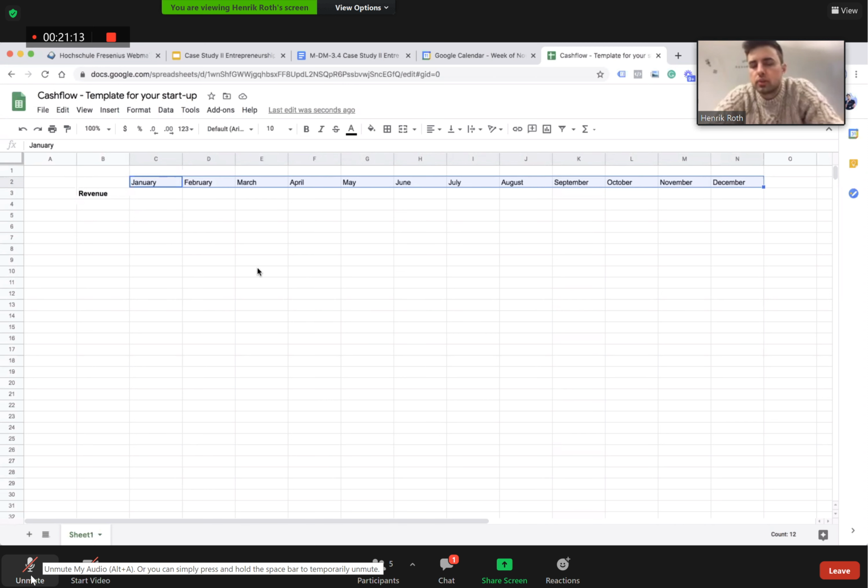But usually, if you go in front of an investor, you do those cash flow plannings for 3 to 5 years. If you're actually in your startup and working in it, you do that more on a monthly or quarterly basis. But if you go in front of the investor, they always want to see a 3 to 5 years plan.